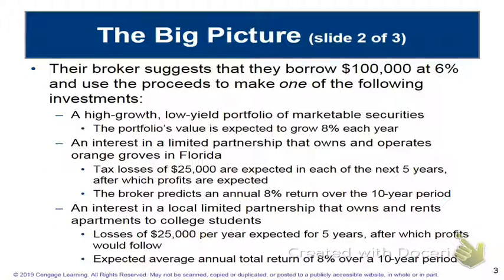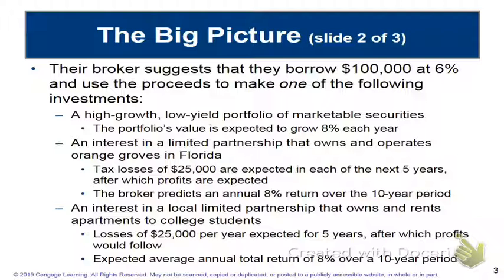Here are the 3 options they're looking at. They're looking at borrowing $100,000 at a 6% interest rate and using the proceeds to do one of the following 3 things. They want us to help them decide. They can do a high growth, low yield marketable security that is expected to yield 8%. They can invest in a limited partnership that owns and operates an orange grove in Florida.